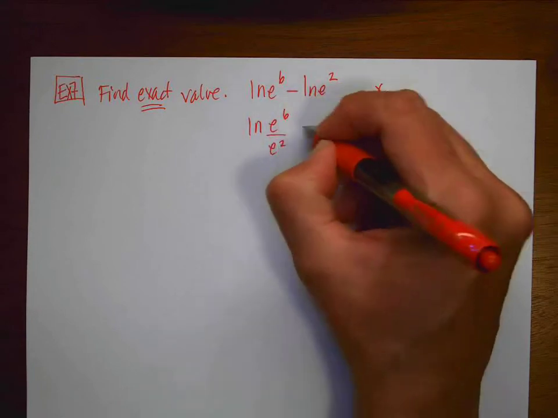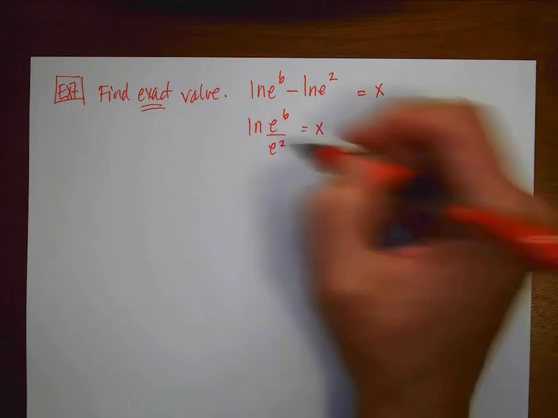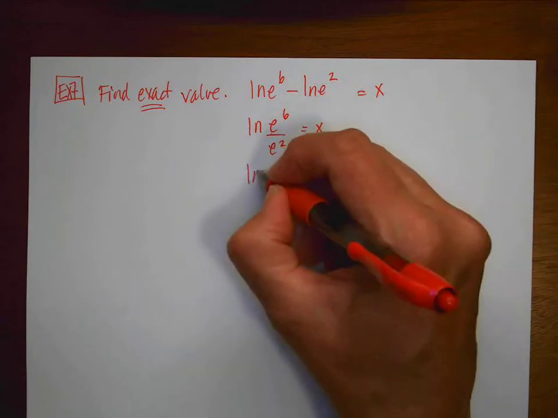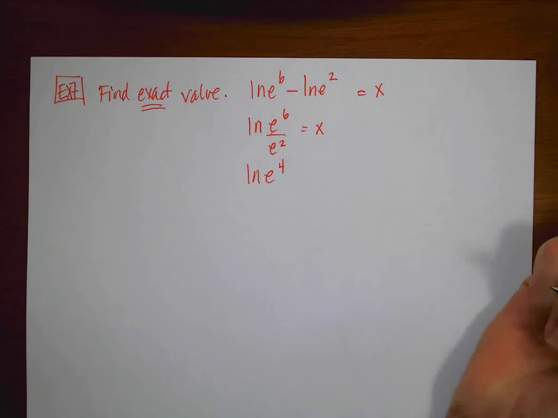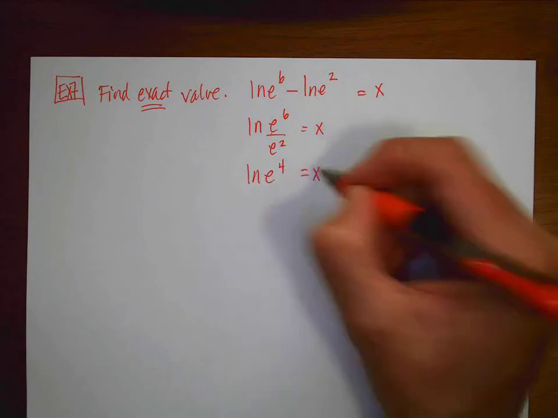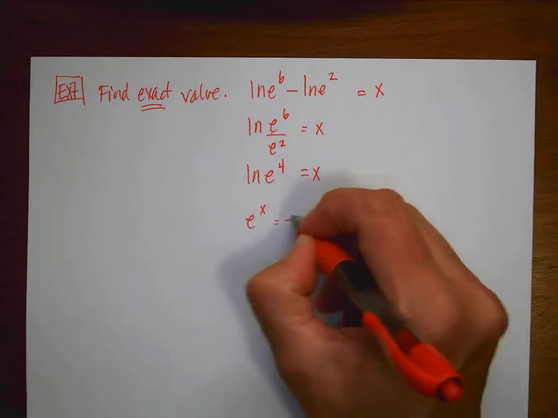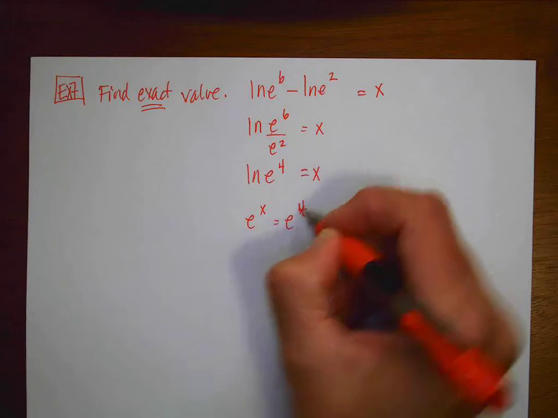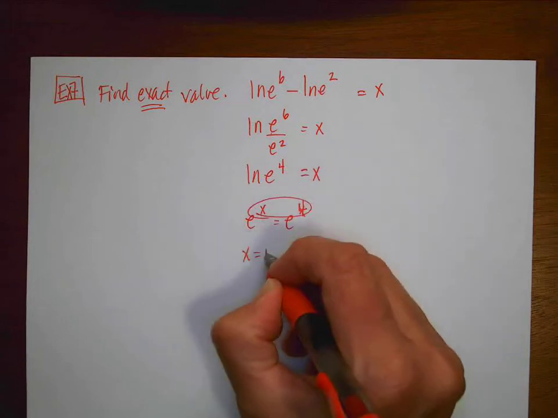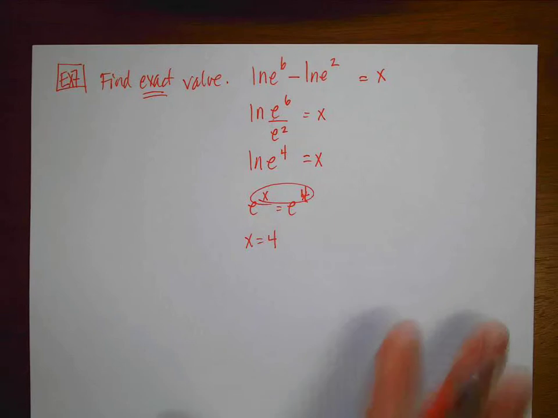This is the natural log of e to the 6th divided by e to the 2nd is equal to x. This simplifies to be the natural log of e to the 4th is equal to x. Now I can say e to the x is equal to e to the 4th. It's a good thing it's the last example because I can't write. And so I get x is equal to 4.